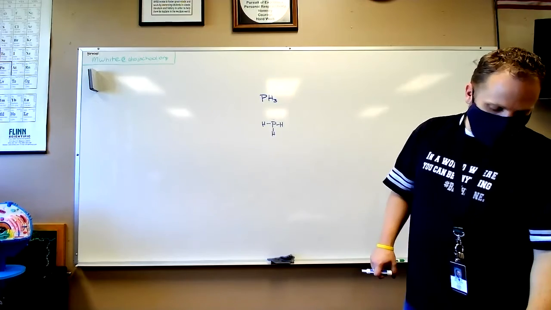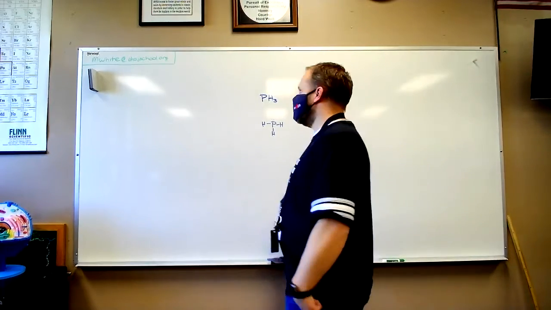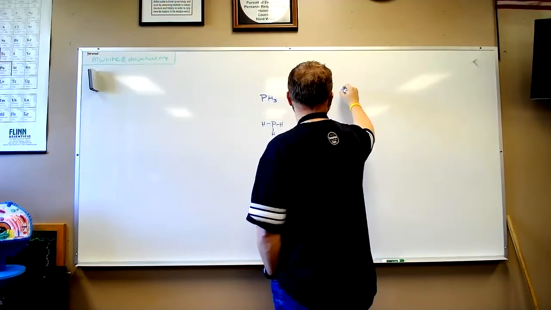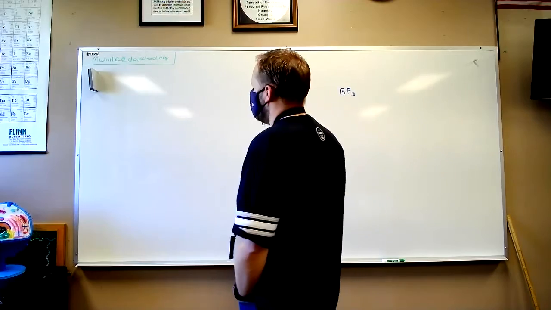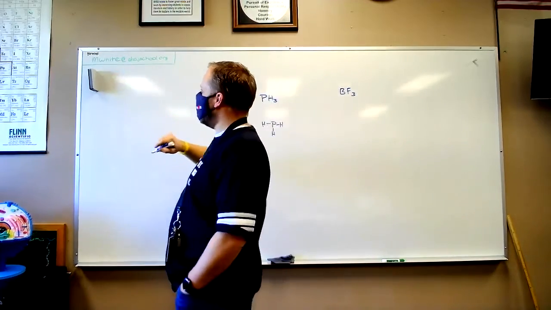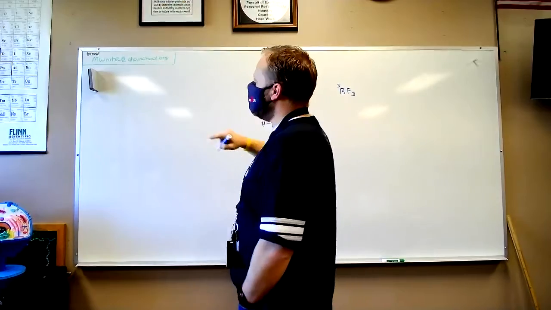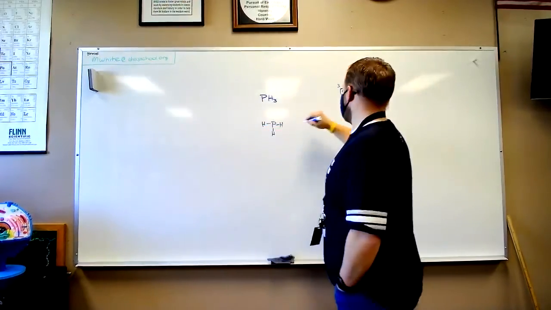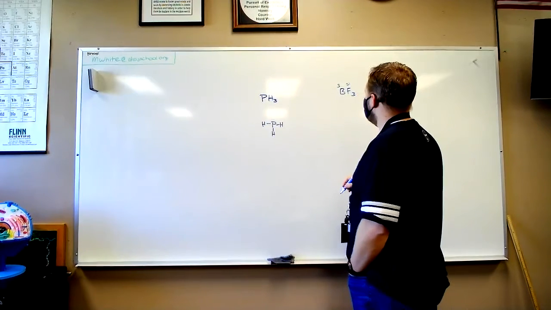So if we do BF3, looking here, boron has 3. Fluorine actually has 7. But there's 3 of them, so that turns into 21.